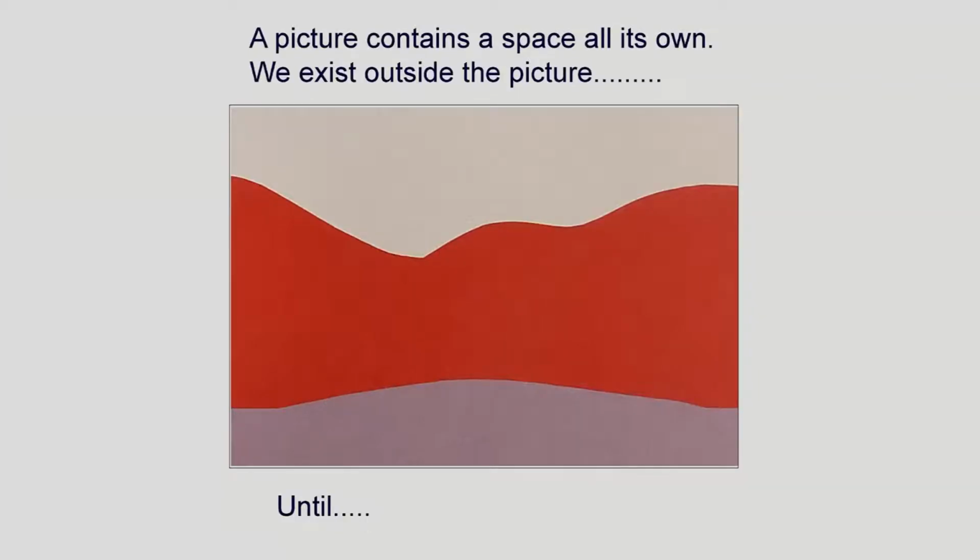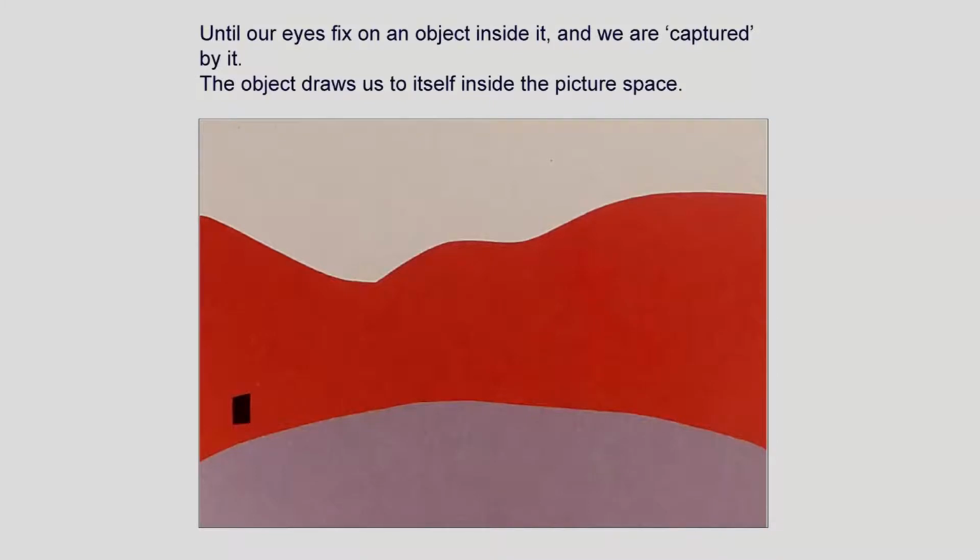A picture contains a space all its own, and we, the viewers, are generally believed to be existing outside the picture until, now look at the next one, until our eyes fix on an object inside it and we are captured by it.